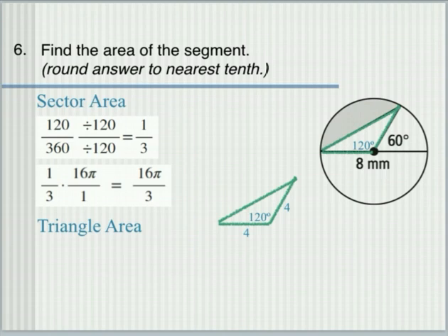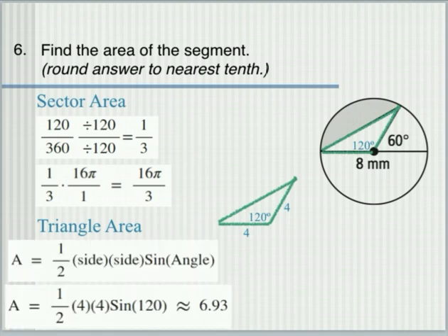Your equation for that is 1/2 times side times side times sine of the angle between the two sides. And we have all that information. So we plug in 1/2 times 4 times 4 times sine of 120 degrees, and you get around 6.93. Now you can subtract sector area minus triangle area.